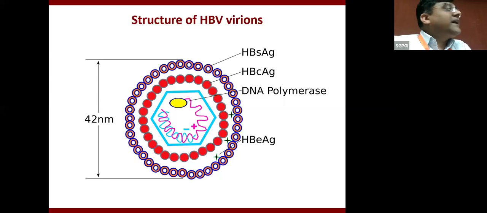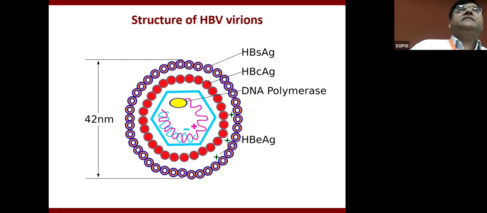Second is core antigen. Core antigen never appears in the blood, so we cannot test it. It always appears inside the nucleus of the hepatocyte. So if you do a liver biopsy and stain it for this antigen, you will find positivity there, but in blood you will never get it. But the body will develop antibody, so you will measure anti-HBc.